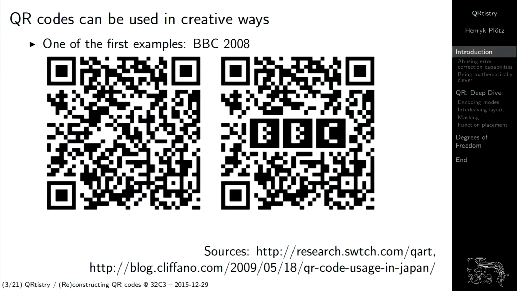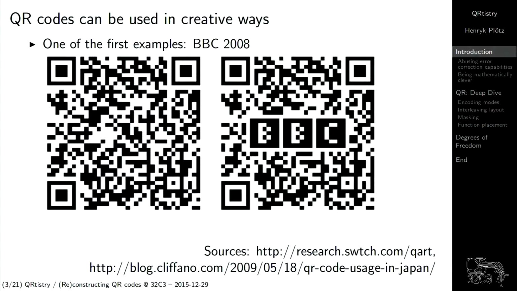That was 2008 for the BBC. It turns out that this isn't actually a very sophisticated mechanism. It only looks like this because the BBC letters on there are just overlaid. You could have drawn, I don't know, a pony or a unicorn in there, and from the barcode reader perspective, that would have just been the same. Those look like they belong to the code, but they don't.